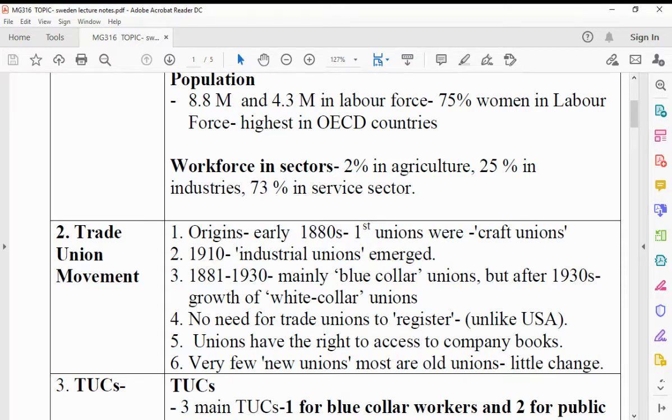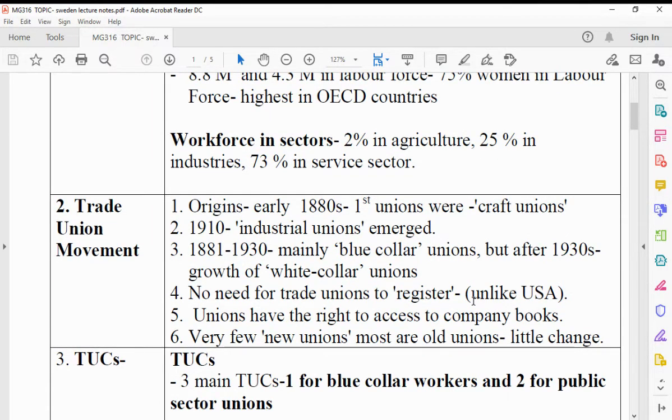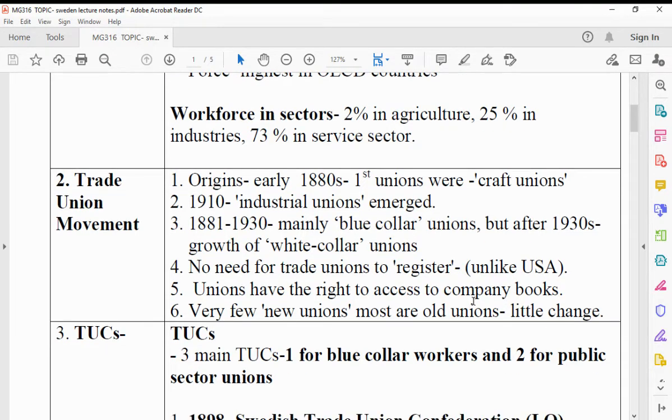What else does having a high trade union density tell us? The government, think about the government. The government is in support of the trade unions, isn't it? You see, in UK, when Margaret Thatcher came into power, she restricted trade union movement, isn't it?